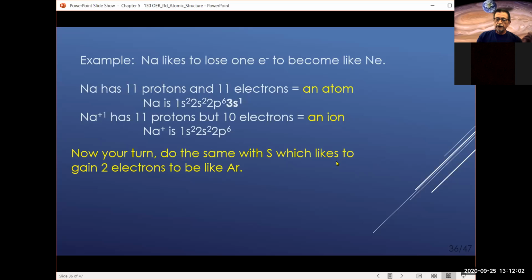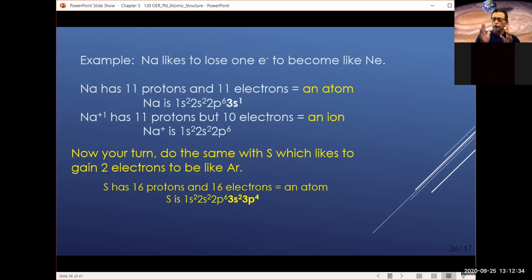Now, let's take a look at sulfur, okay? Sulfur has 16 protons and 16 electrons. So if you look at the electron configuration, it is just like sodium, 1s2, 2s2, 2p6, and it's in the 3rd energy level, so we go up to 3s2, and if we shoot across on the periodic table, we find that sulfur is in the 4th column on the far right side.